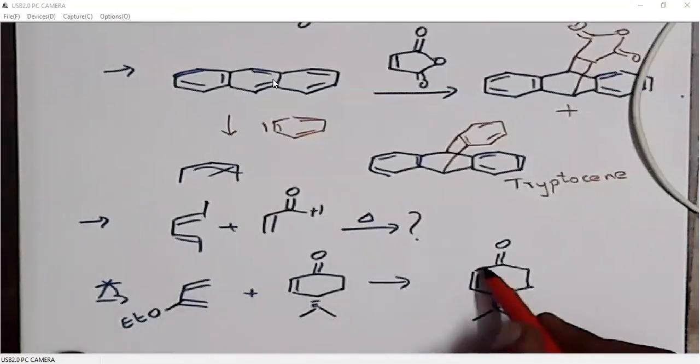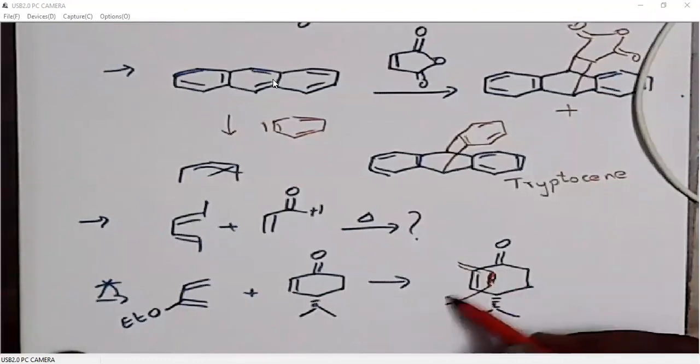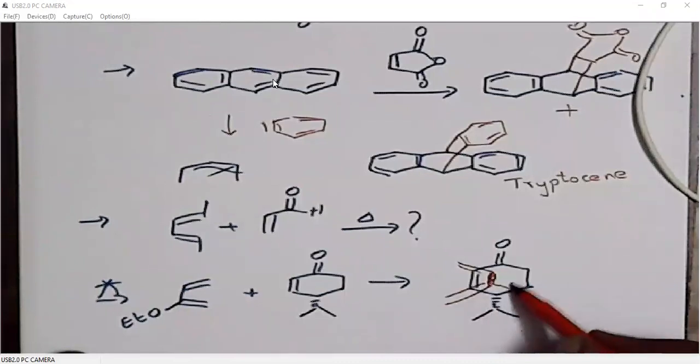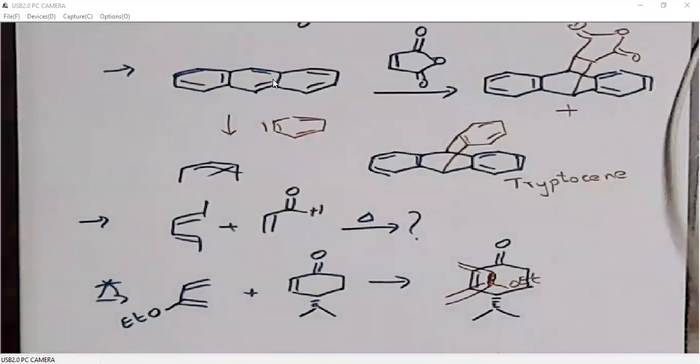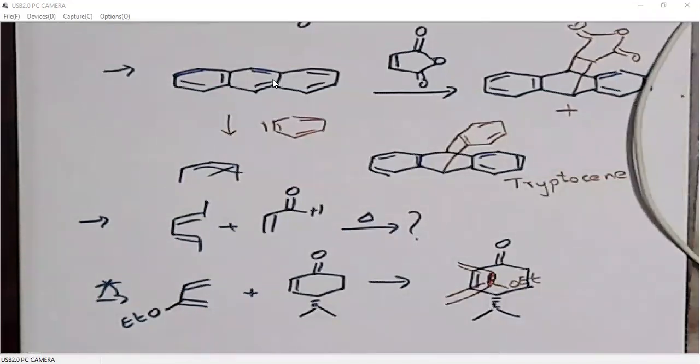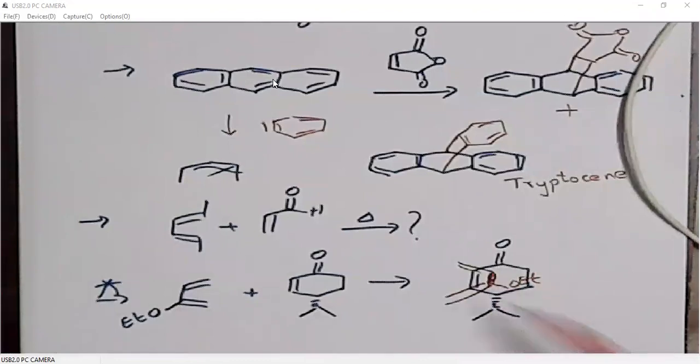That means if you write like this, sorry, if we write like this, okay, so this double bond and this double bond, of course, OEt, then it is possible for us to have endoselectivity, right? Carbonyl and these two carbons very near to this.